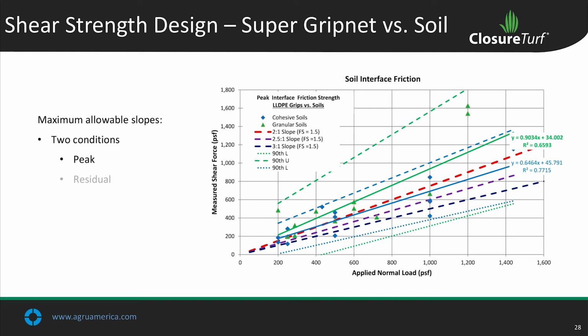As you can see here, we got a lot stronger strength at these lower normal stresses, such that even a 2-to-1 slope would be safe to traverse across doing site inspection or gas well monitoring, to those that care to walk across a 2-to-1 slope.